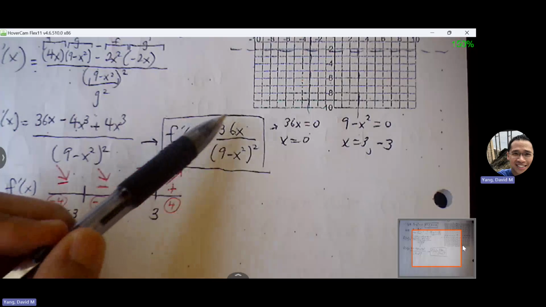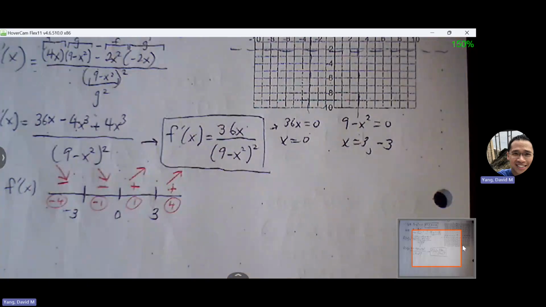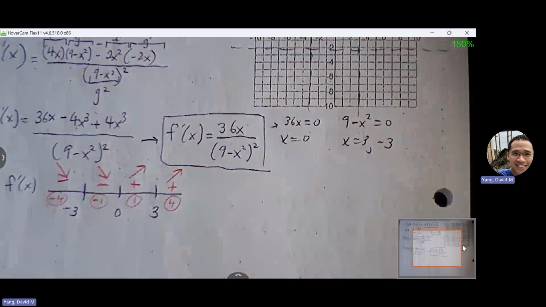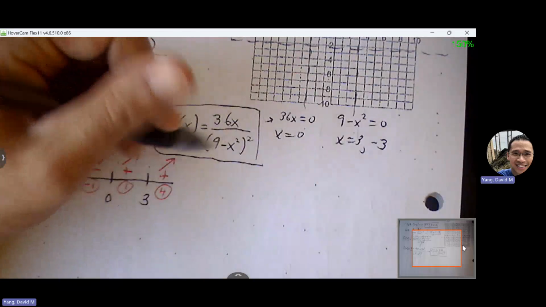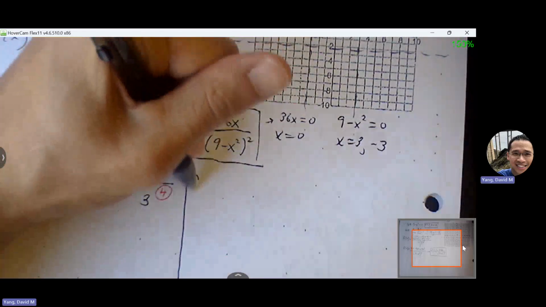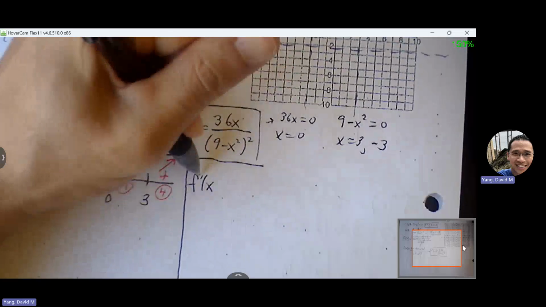So we want to apply the rule that has the larger reach first, so quotient will come first. Once we get into quotient, then the chain rule will take its role when we get to that g prime, that denominator portion. This is a little messy, but we'll get through this one.